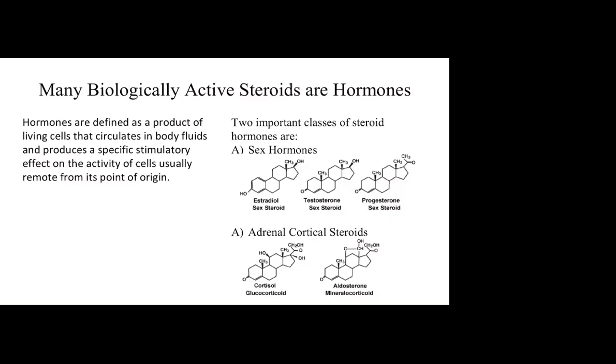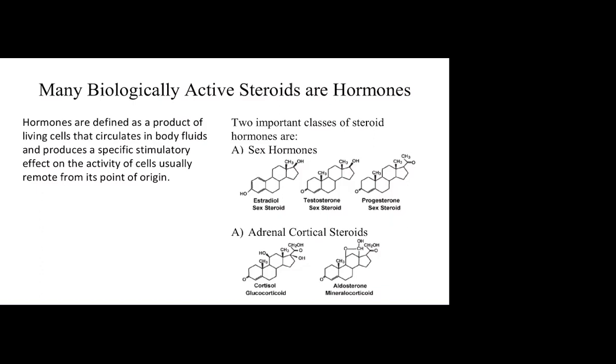They are released in the body during puberty in order to signal the body that now our body is going to be maturing, and then developmental changes happen to the body. All of them are considered steroid hormones. Again, they're synthesized from cholesterol, and you can even see the steroid nucleus in each one of them.